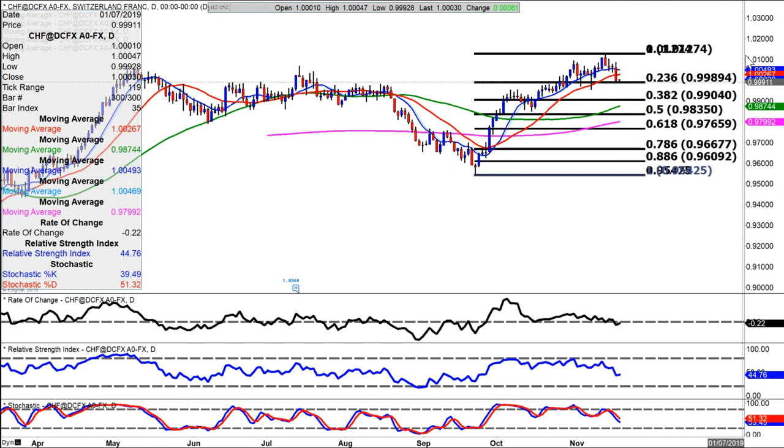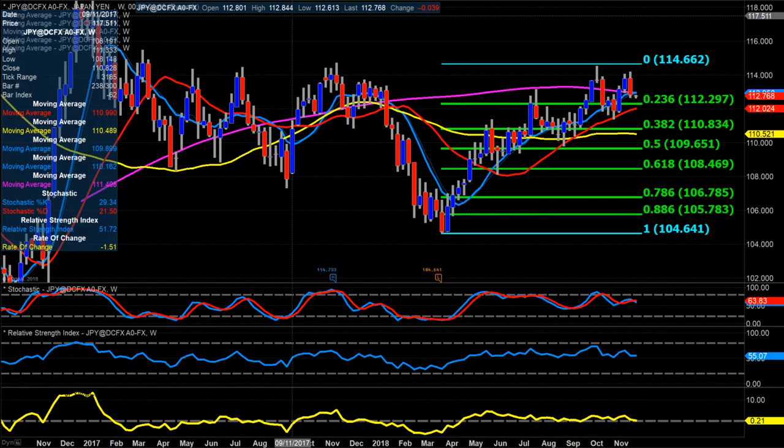Okay, let's go on and have a look at the dollar yen. You'll have to excuse this one. This is the one I use to do my little scribbles. Okay, dollar yen. We're at 112.76. You can see the way we've come down last week, and obviously that's on the stock market reaction. We are currently below the 200-week moving average, and that's coming in at 112.96.